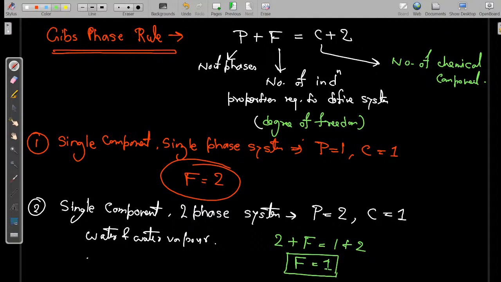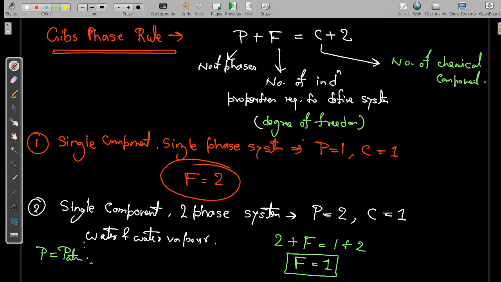That means if we are having a single component in two phase system, for example if I have a mixture of water and water vapor, then I only need one individual property to define the system. Because when you talk about two phase region, for example if you have a mixture of water and water vapor, okay, and I am saying that pressure is P atmospheric. Okay, atmospheric pressure and water vapor mixture are existing, coexisting.